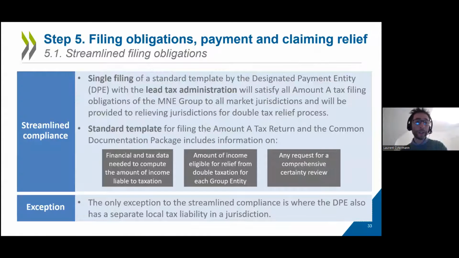So first, the filing obligations. There is a streamlined compliance process that will apply in most instances. And this relies on a couple of actors which are really important in the administration of Amount A. On the company side, you have the designated payment entity, which is typically the ultimate parent entity of the group.